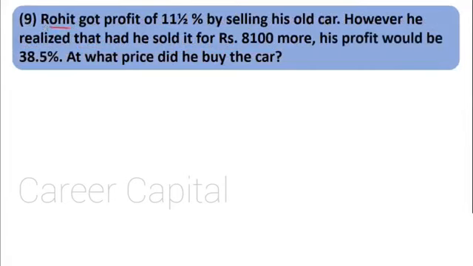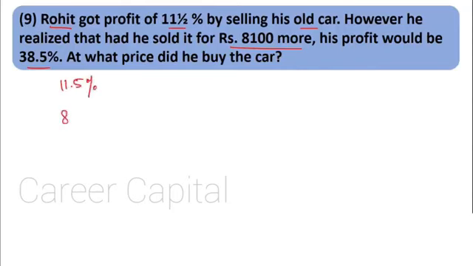Rohit got a profit of 11.5% by selling his old car. However, he realized that had he sold it for rupees 8,100 more, his profit would be 38.5%. At what price did he buy the car? Again, now this is very easy. What they say is, initially Rohit got 11.5% profit.